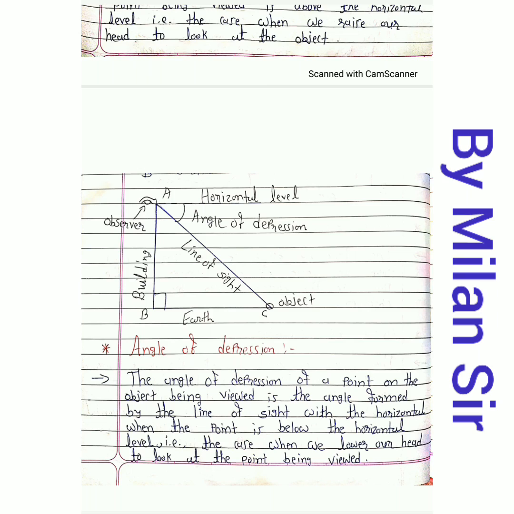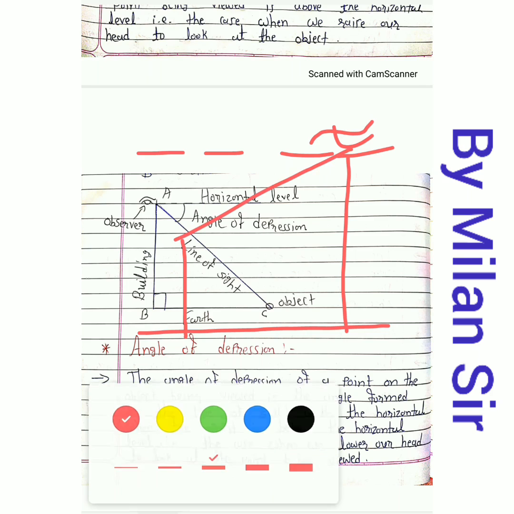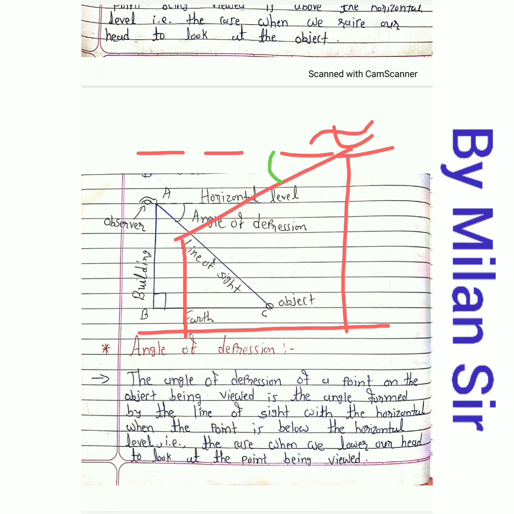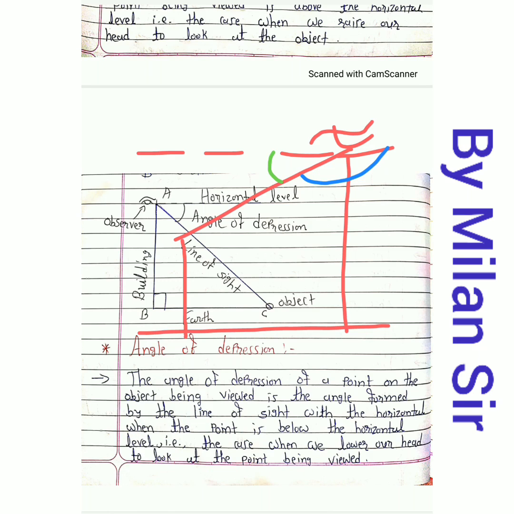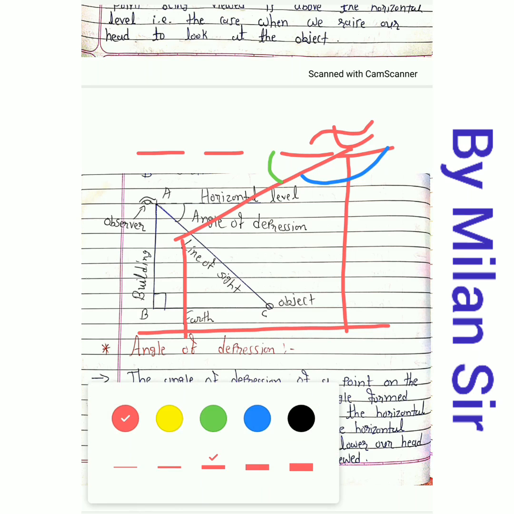Second thing, if the height of the observer is higher than the height of the object, that means angle of depression. Now if we draw one horizontal level here, two angles are possible, this one and this one, but we are forming a right angle triangle here.